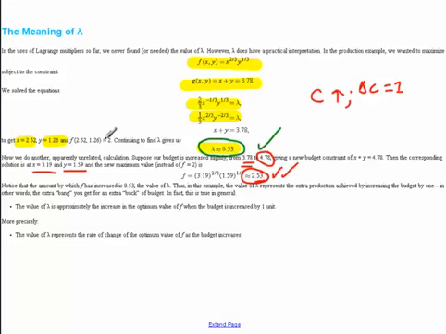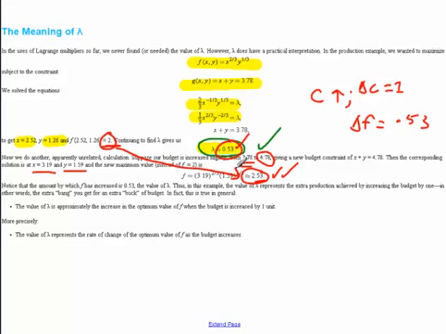Before, my production was 2. Lambda is 0.53. So my production was 2. It went to 2.53. My lambda value is 0.53. Huh. So my change in my function was from 2 to 2.53, 0.53.